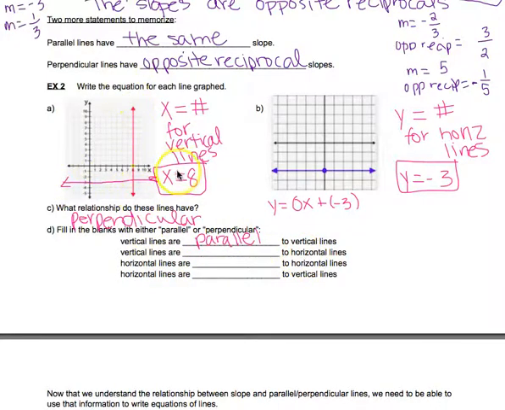Well, this vertical line, this horizontal line, they are perpendicular, always. Likewise, horizontal lines are parallel to other horizontal lines, and they are perpendicular to vertical lines.